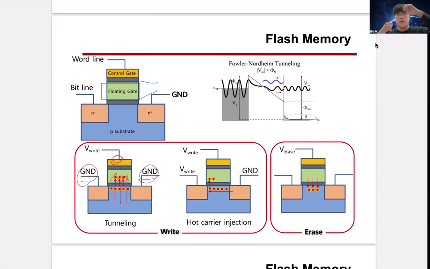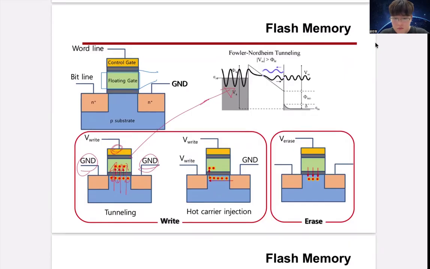If we apply the large bias, the electrons on the substrate can tunnel and move to the floating gate, and the data will be stored in the floating gate. I can explain the principle of tunneling in this diagram.